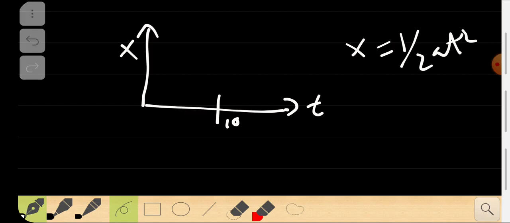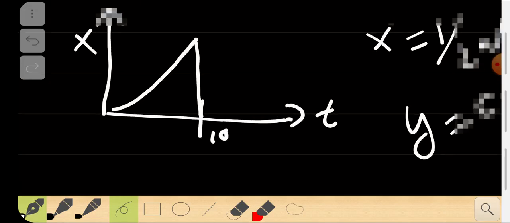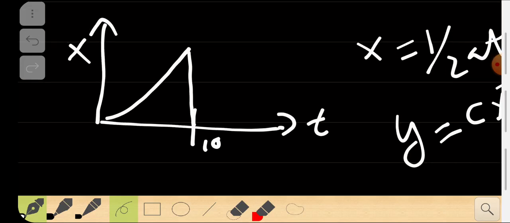So it's a function where the y value is changing in terms of the power of x. Y is changing in terms of some constant times x square. So it will look something like this up to this value. It's changing fast in the power of x square. And after that, the distance. Now what happens afterwards?